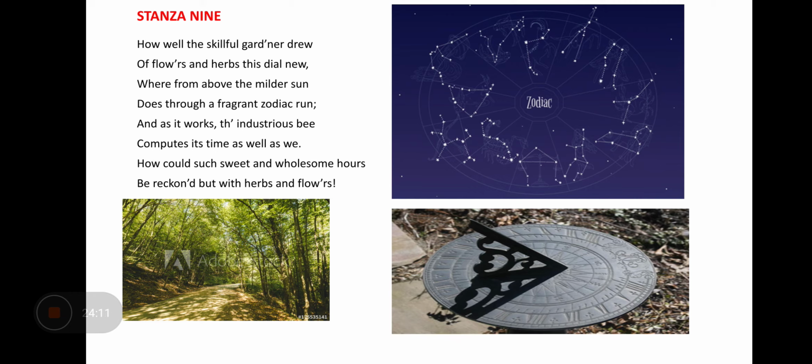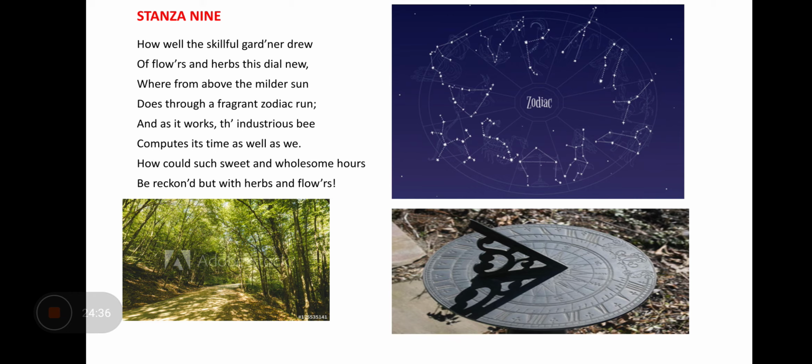So before the invention of the clock, people used to find out time on the basis of the shape and direction of shadow, and at that time the sundial was used to know the time of the day. And the reference of the zodiac is also there, we find in this poem.